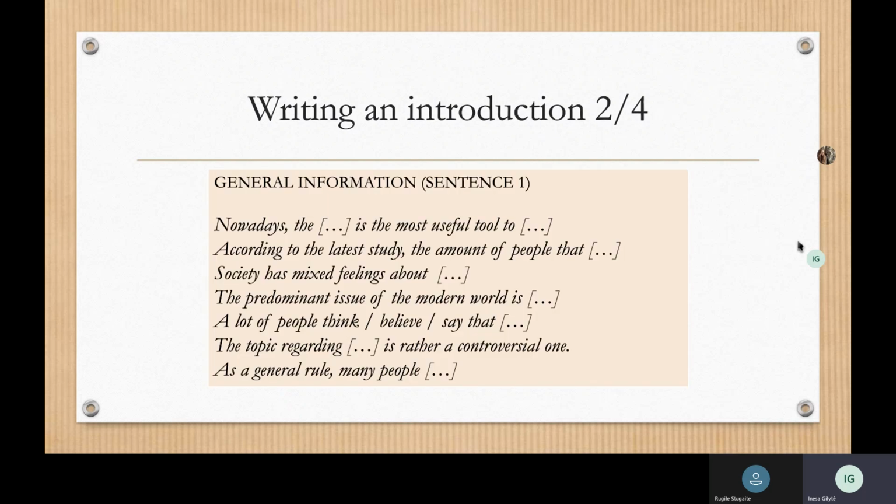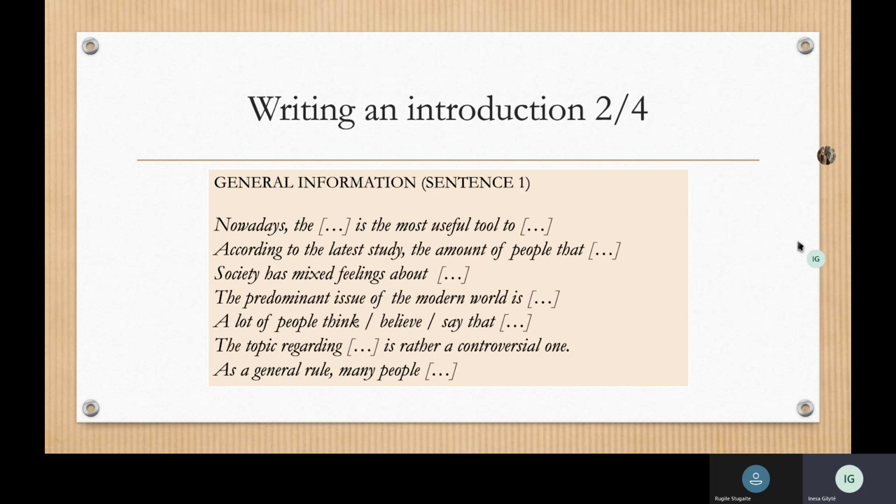I have prepared some example sentences of those 3 sentences that you can use in the introduction. So let's take a look at them. As I mentioned, nowadays, in this modern world, in this society and so on, these examples are really common in writing a for and against essay.